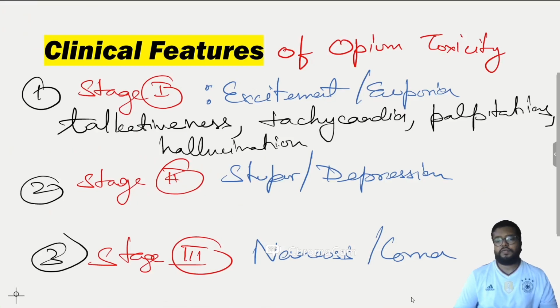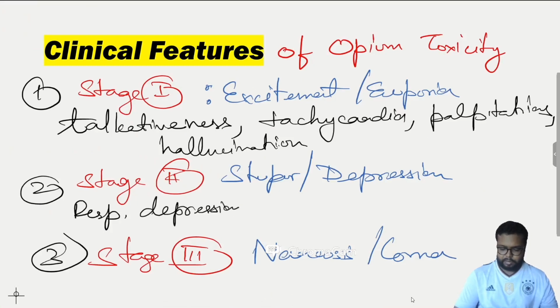Next is the stage of stupor or depression. There is depression of many centers. First and foremost is the center of respiration, so there will be respiratory depression. Bradypnea will be there.